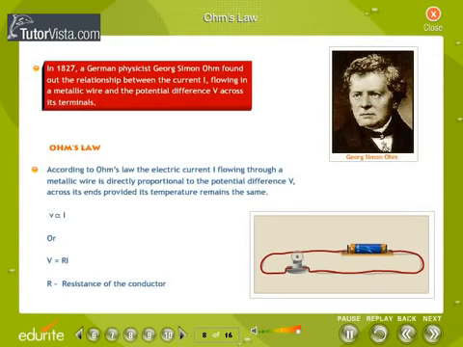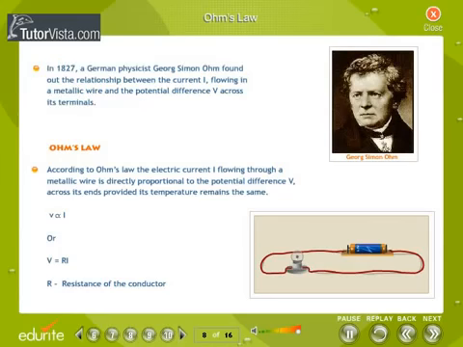Ohm's law. In 1827, a German physicist, Georg Simon Ohm, found out the relationship between the current I flowing in a metallic wire and the potential difference V across its terminals. This relation is called Ohm's law.